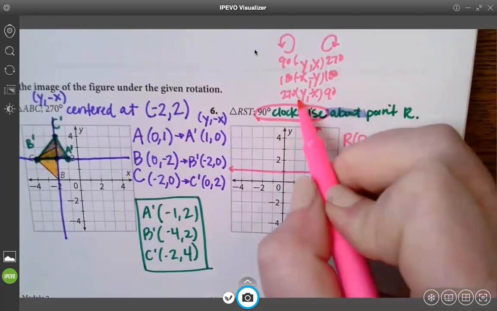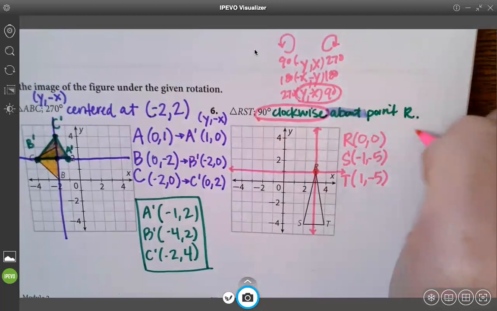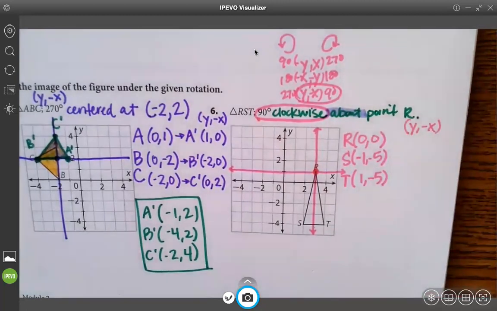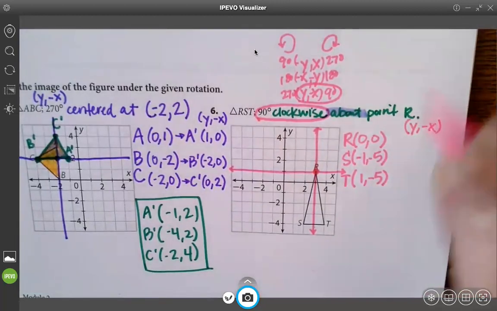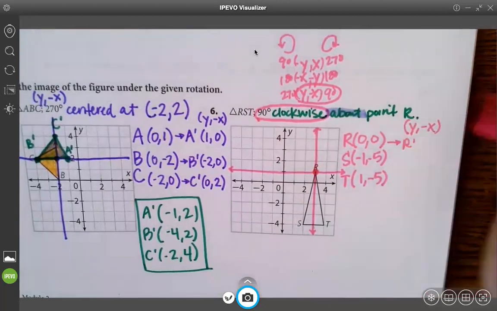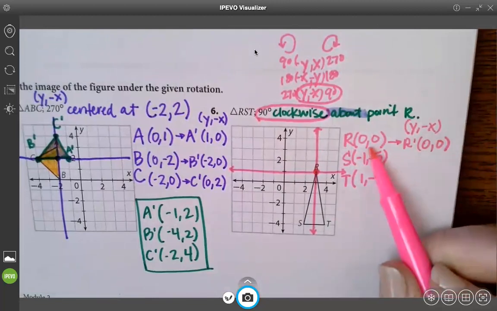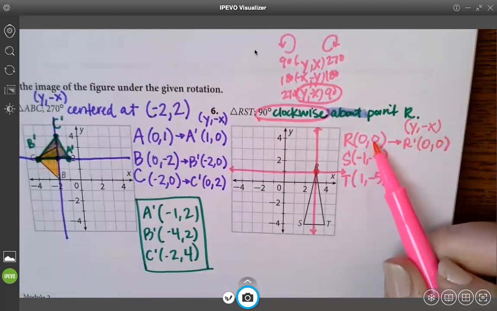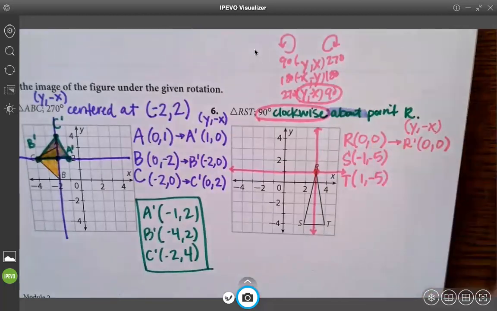90 is way down here. So we're doing y comma negative x. So y comma negative x is the rule. And we're going to switch the order and make the back number negative. So R prime is going to be at 0, 0. When you switch the order, you still get 0, 0. When you change the sign, you end up with still 0 because negative 0 is not a thing.